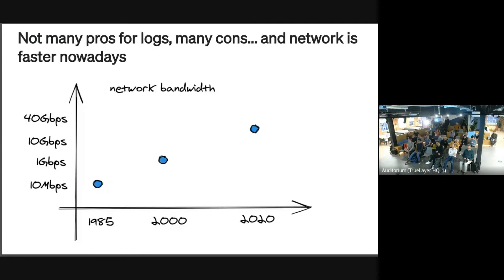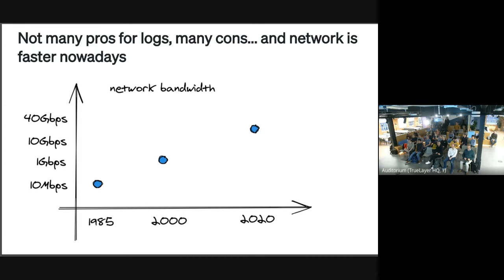But guess what? Since the 80s, the network bandwidth has increased a lot. And today, when you start a new server on Amazon, you will at least benefit from a 10 gigabit per second bandwidth.